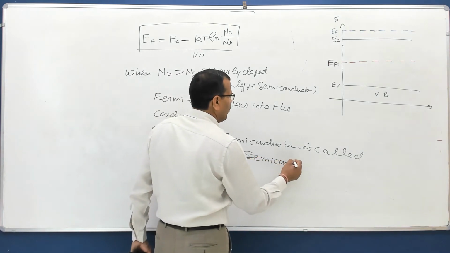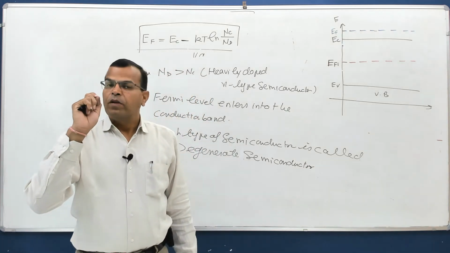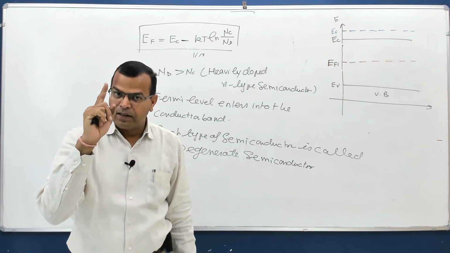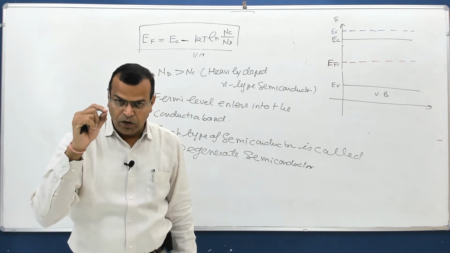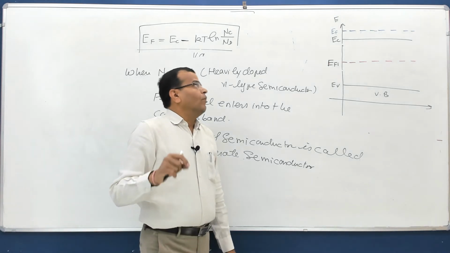So I hope you understand the concept. When the donor concentration is high, the Fermi level enters into the conduction band, and that state of the semiconductor is called a degenerate semiconductor.